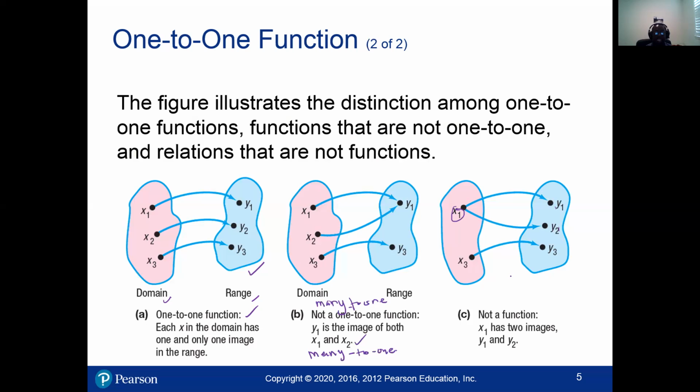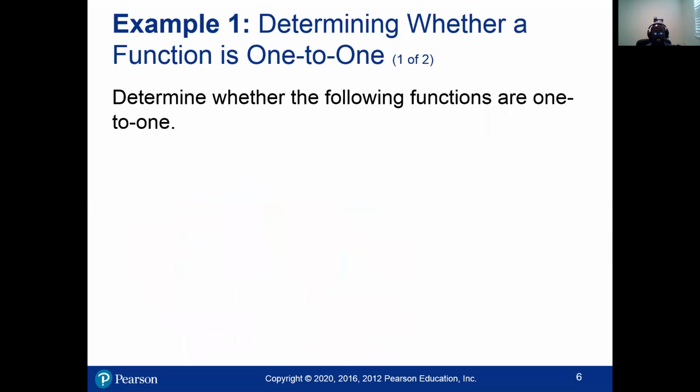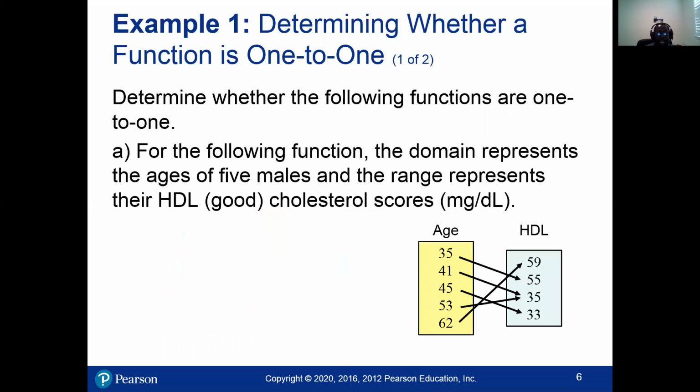Now, it says determine whether the following functions are one-to-one. Here, for A, the domain represents the ages of 5 males and the range represents their HDL, the good cholesterol scores, in milligrams per deciliter. Is this one-to-one?